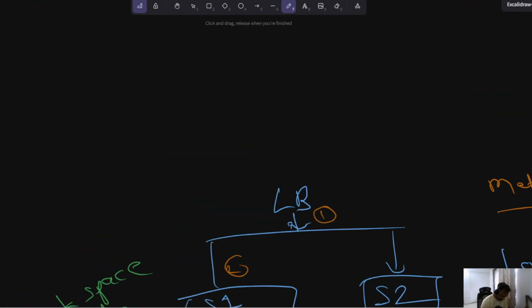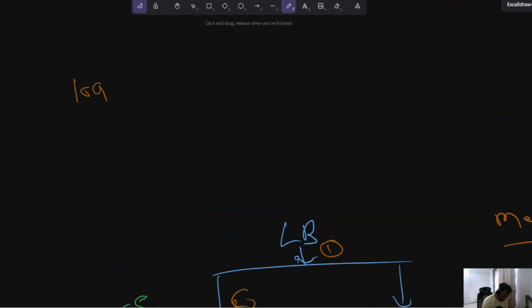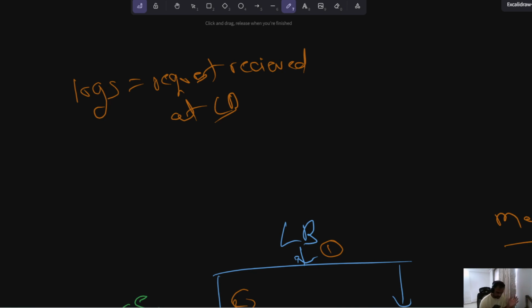Logs are essentially what is happening in the application right now. So: request received at LB. These are just examples. These logs would be logged at different places, but these are just examples. Then application processing request.